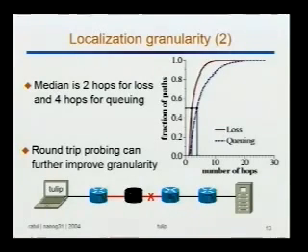Remember in the last example, Tulip was measuring to the first and the third router. Suppose we could measure the round-trip path to the second router, not the forward path only, but the round-trip path. And that path comes out clean. The good thing about round-trip probing is, if the round-trip probing is clean, that means the forward path is also clean. So in this particular case, if we can measure the round-trip path to the router, we know the fault is actually in the third link and not in the second one.